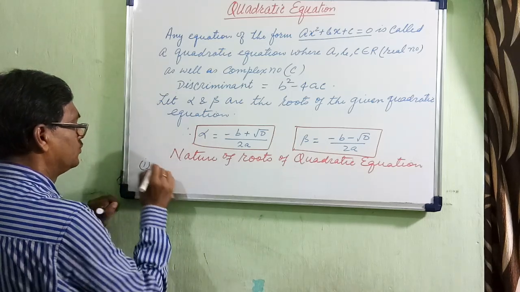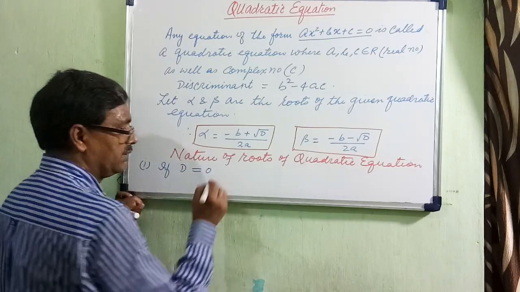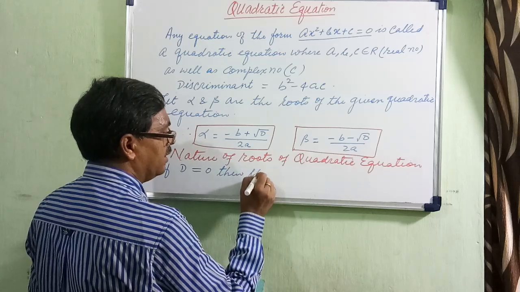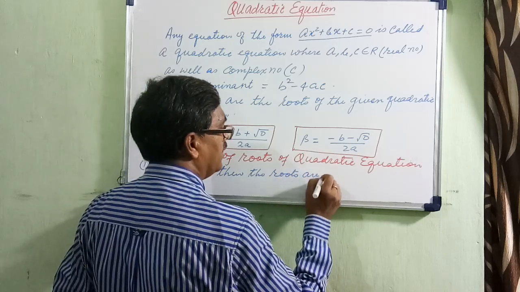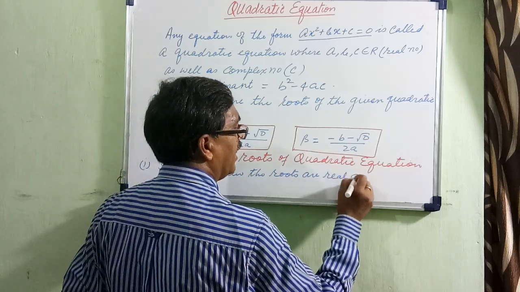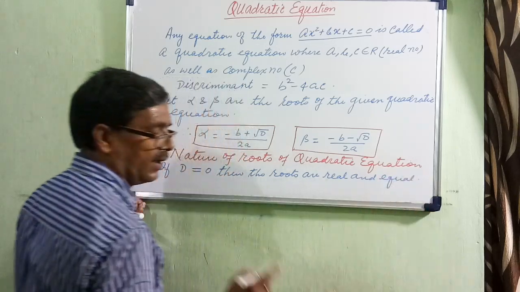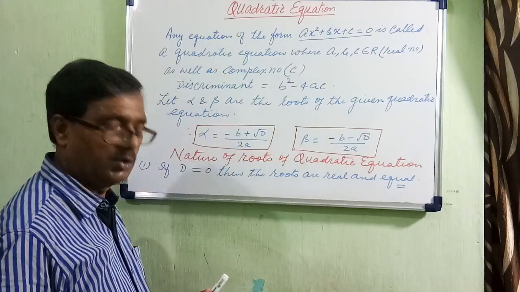First, if D is equal to 0, then the roots are real and equal. Now try to remember what these real and equal roots are.